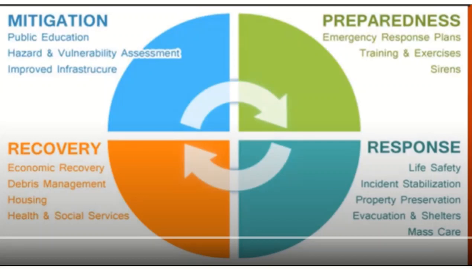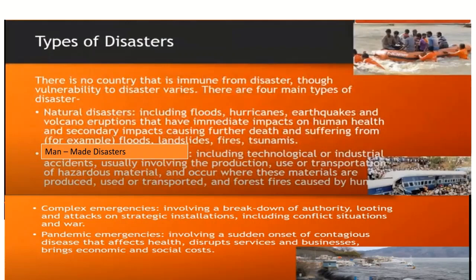Then the types of disaster which you have done in the previous chapter. Here four types are given, but I think the natural disasters and the man-made disasters are the main ones. Complex emergency, which involves breakdown of authority, looting, or an attack on strategic installation, including conflict situation and war.